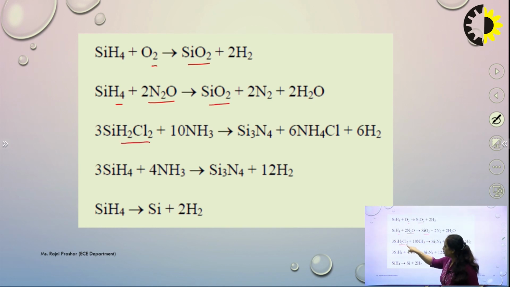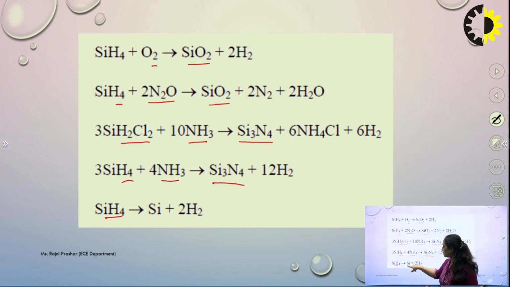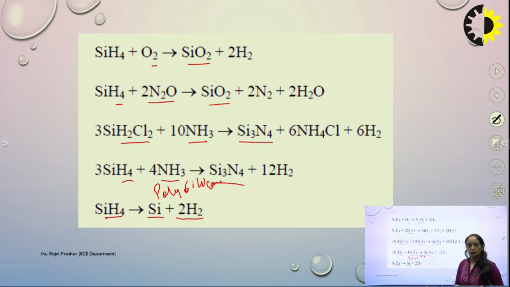When SiH2Cl2 is reacted with NH3, we get silicon nitride. When silane is reacted with NH3, silicon nitride is deposited. And when silane is reacted in the environment, we get simple polysilicon material, with hydrogen gas as a residual element.